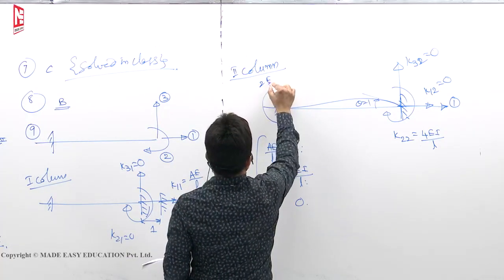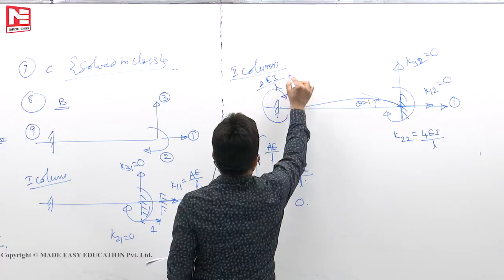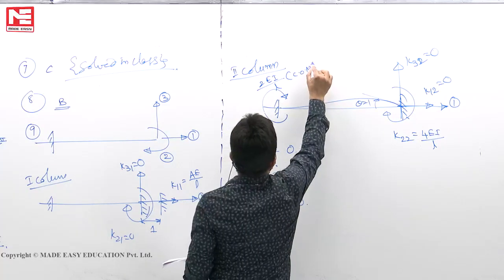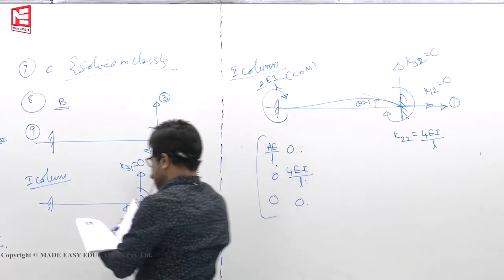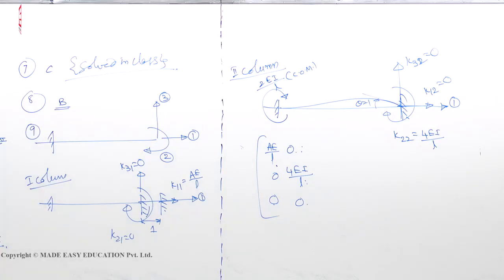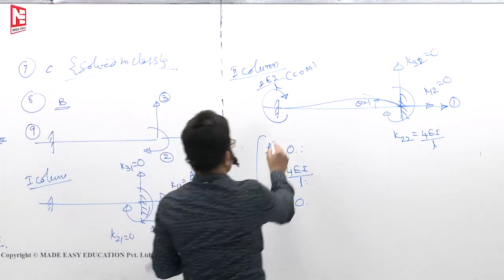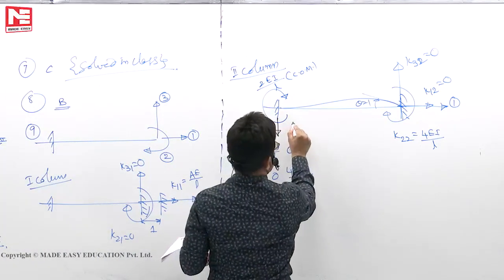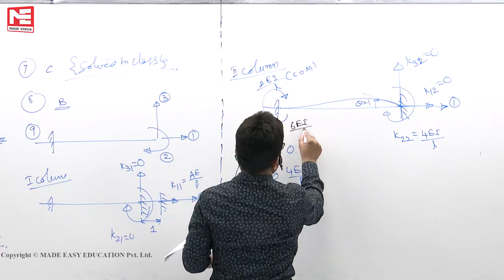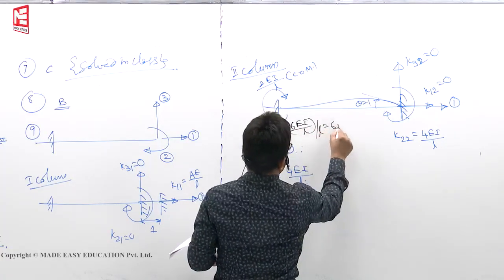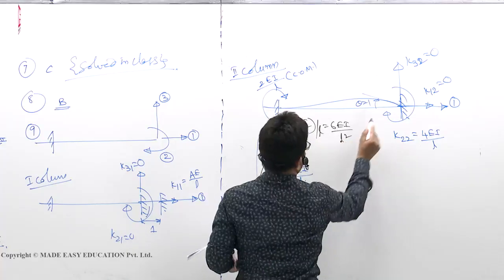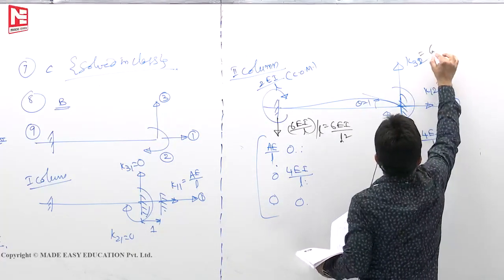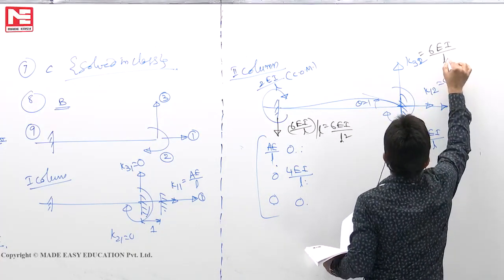Carry over moment 2EI by L. This is called COM. Clockwise, so the anti-clockwise reaction is this way. This is 6EI by L divided by L. So you will get 6EI by L square. So K32 you will get 6EI by L square.